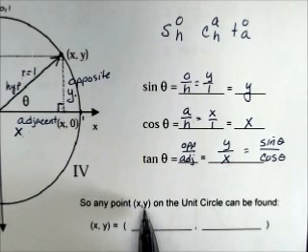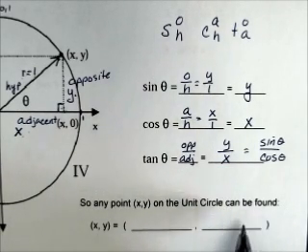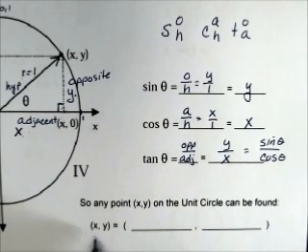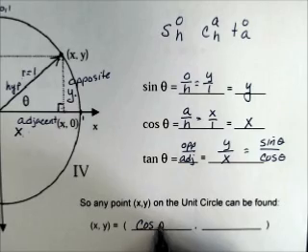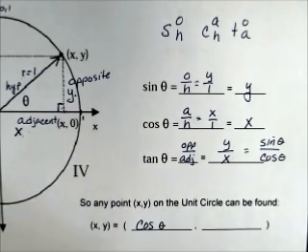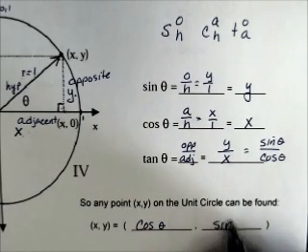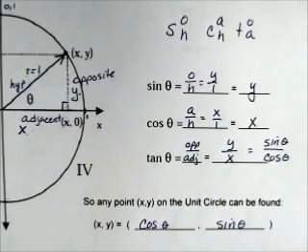So any point x, y on the unit circle can be found. Coordinates x comma y, the x-coordinate is equal to the cosine of the angle, and the y-coordinate is equal to the sine of the angle. Think of it alphabetically. x comes before y in the alphabet, c for cosine comes before s for sine in the alphabet.